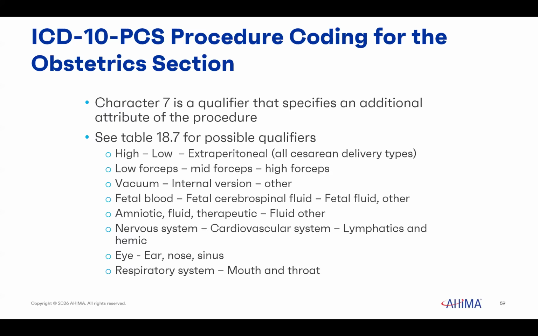Some people spend time trying to memorize this table. I wouldn't recommend it. I would say just make sure you understand the content, because you're going to hopefully be doing the coding from the PCS book. And this is also laid out for you in the PCS code book.